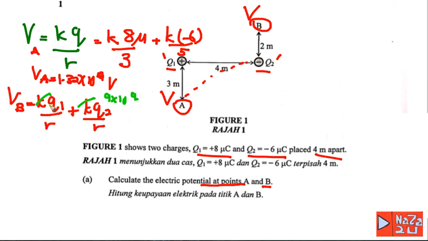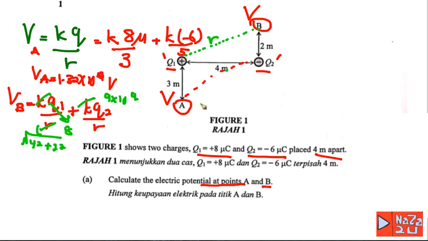Q1 is equal to charge 8, and the distance from Q1 to point B here, this is 4, this is 2, so you can use the Pythagoras here. So this is the square root of 4 squared plus 2 squared, so you can use the calculator to find the value of the distance.